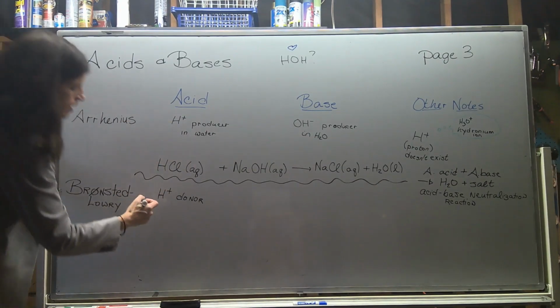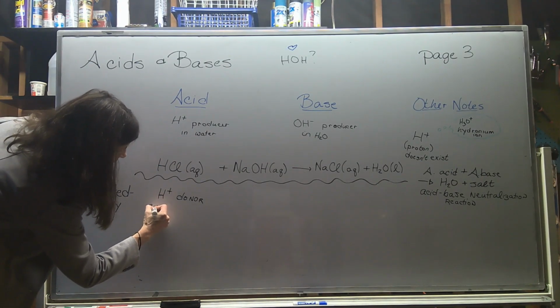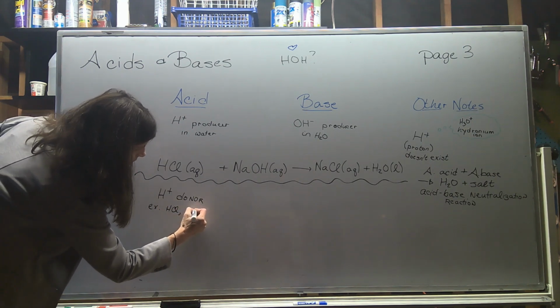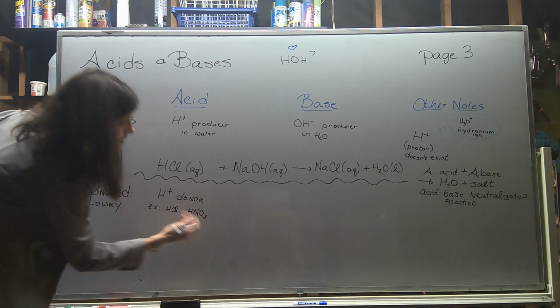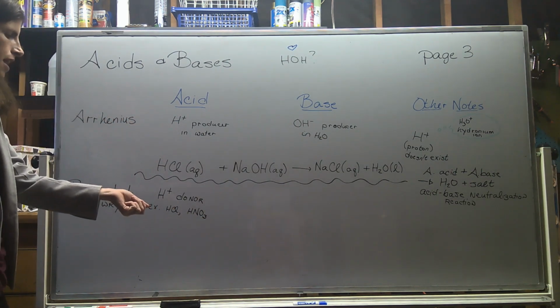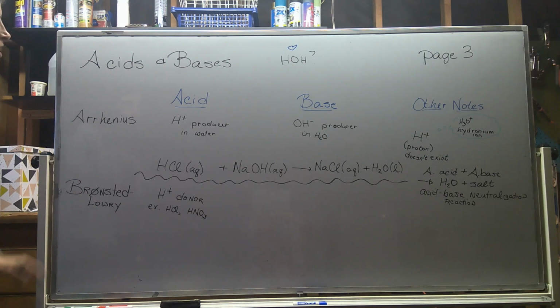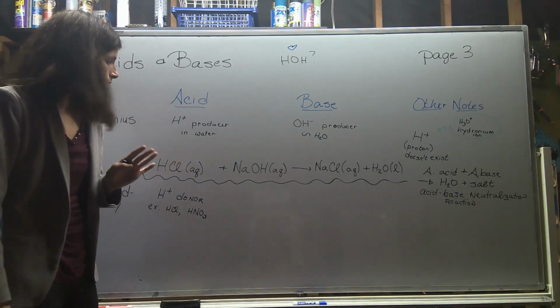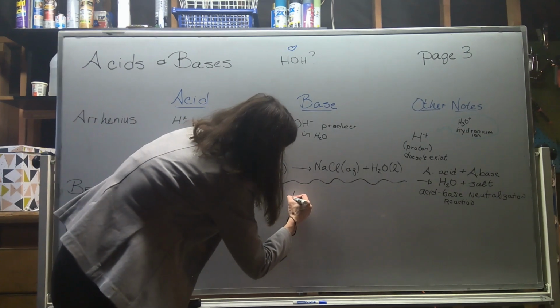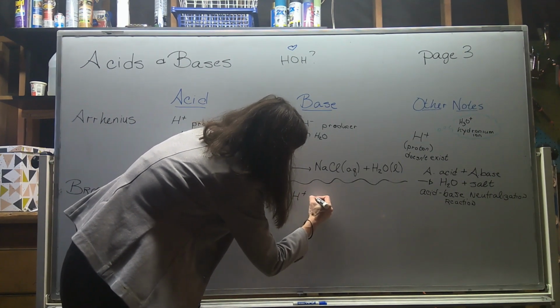So we can use the same examples like hydrochloric acid or nitric acid, any of those common acids that we're used to that'll split into H plus and an anion. The base is where it gets a little bit wonky. Bronsted-Lowry said that a base was an H plus acceptor.